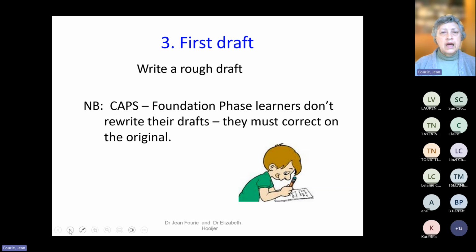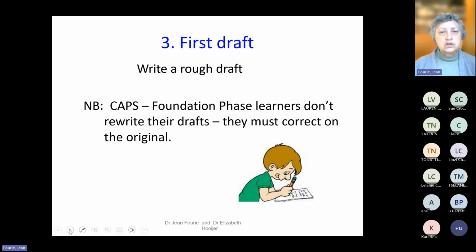The rough draft is where you're taking those ideas that you have brainstormed and you're writing them down one after the other, because writing happens on straight lines and in an orderly sequence. So we are going to do that writing of the first draft.